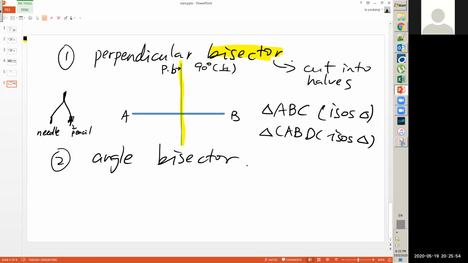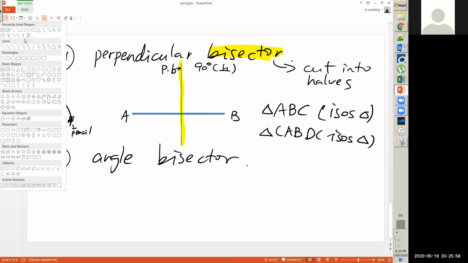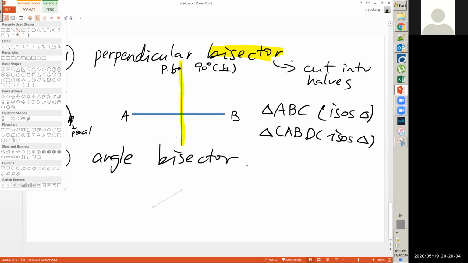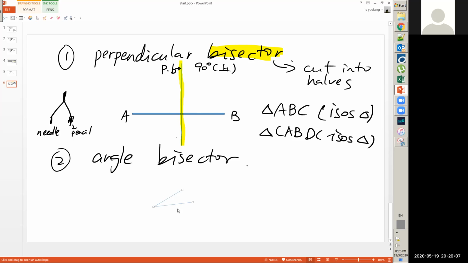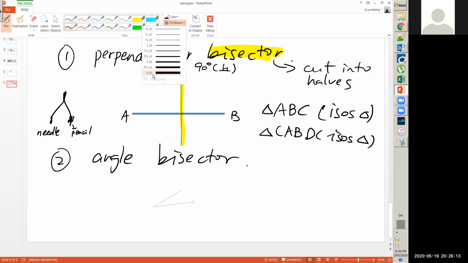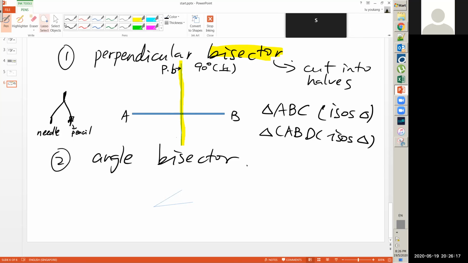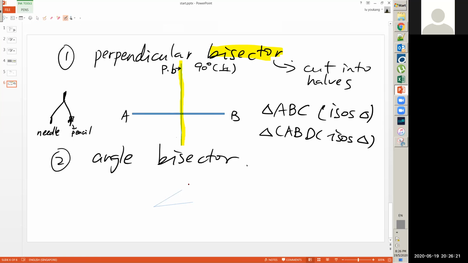Okay, so now let's talk about angle bisector. Let me form an angle first. Okay, so let's say this is your angle. Okay, so now you have this angle. Let's call it ABC.